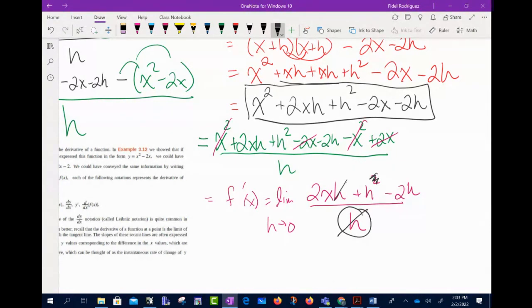I'd have to cancel it with one of those two right there. And I'd have to cancel it with that one as well, right? Because I'm dividing each individual portion. Does that make sense? Okay. So now we can take the limit as h approaches 0 of 2x plus h minus 2.